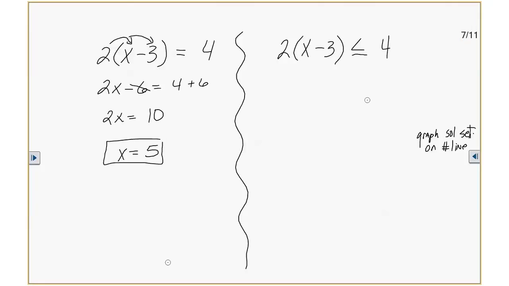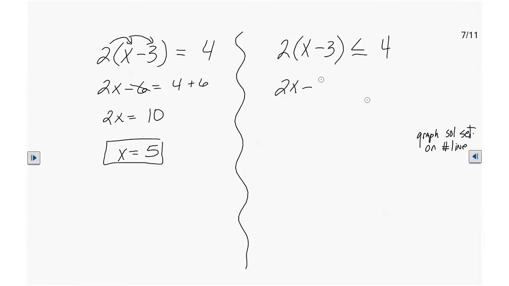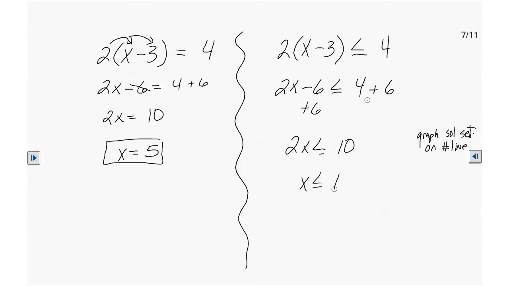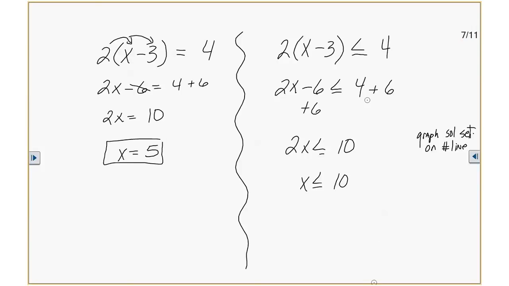Now 5 is the only number that will work with the equality. 5 is the only number that will make this true. But if we go over here and use our same mechanics, 2x minus 6 is less than or equal to 4, plus 6, plus 6. 2x is less than or equal to 10. x is less than or equal to 5.